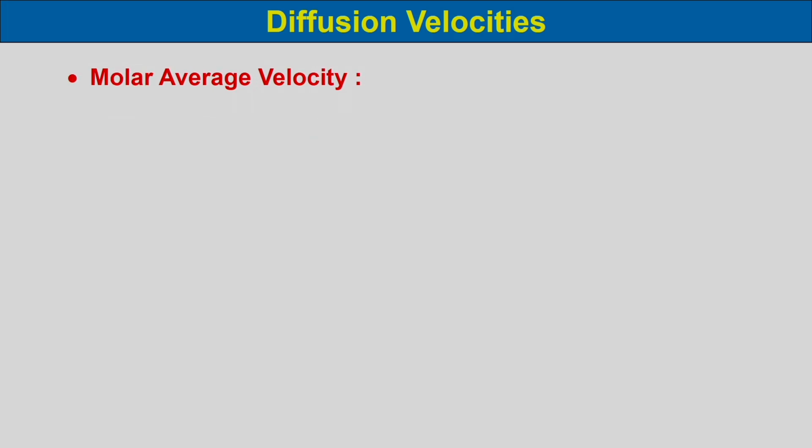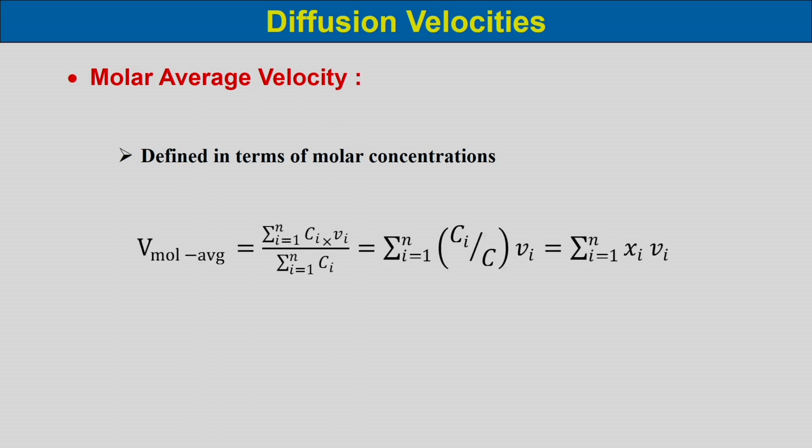The molar average velocity is defined in terms of the molar concentration, as we have discussed before. The V mole average is the molar velocity, which is equal to summation over i equals 1 to n C i V i divided by summation over i equals 1 to n C i.